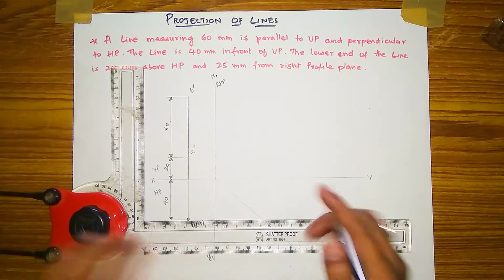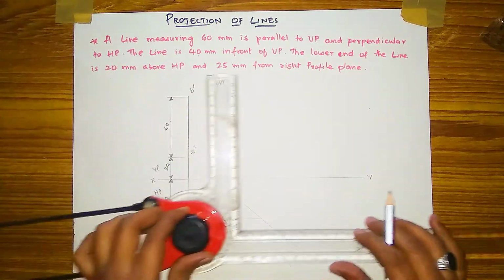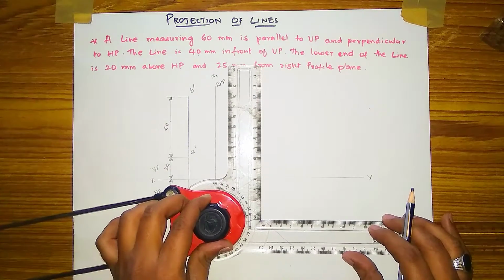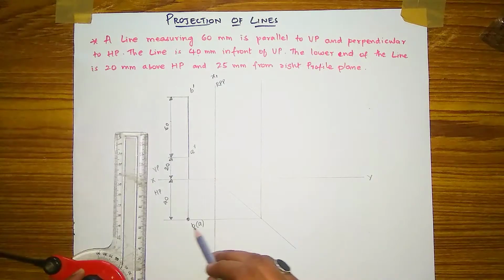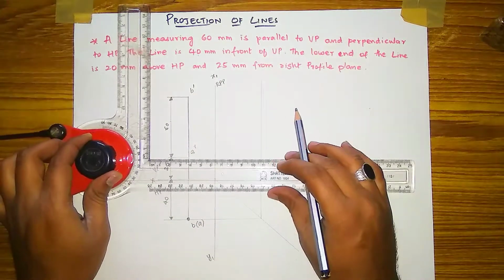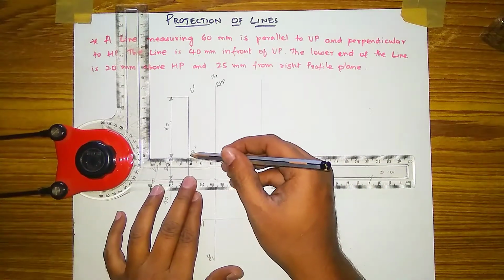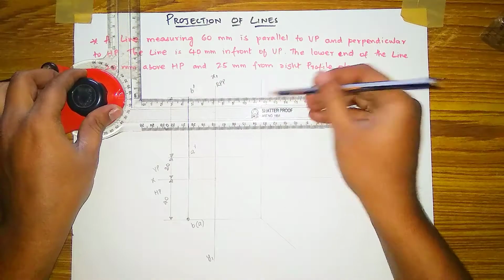How? I am showing you. From A and B it is the same, and upwards like this. From these two points you have to take the projection line from A dash like this and B dash like this.